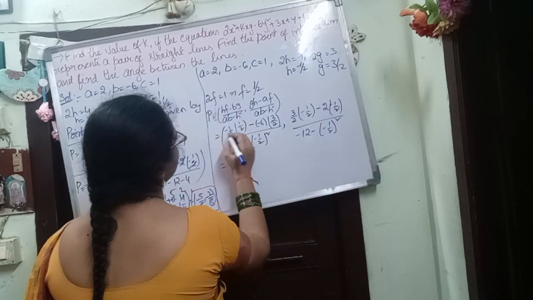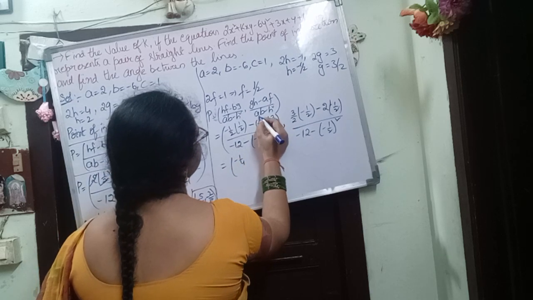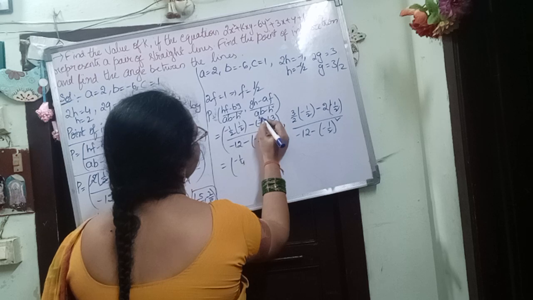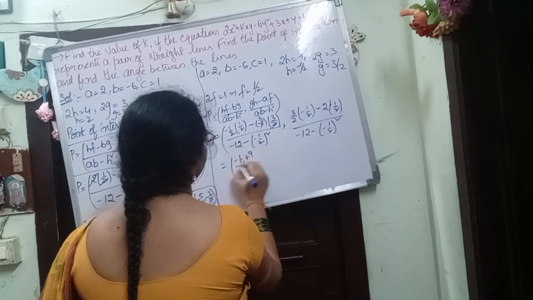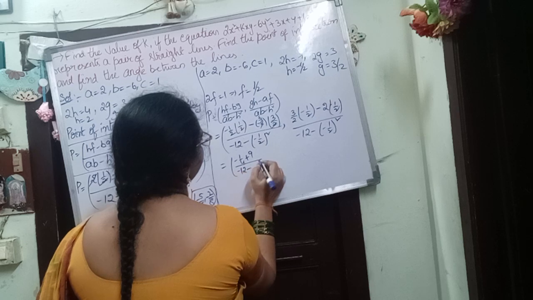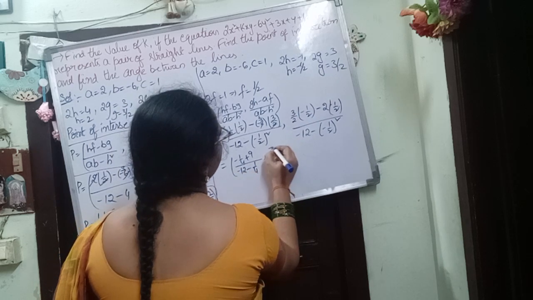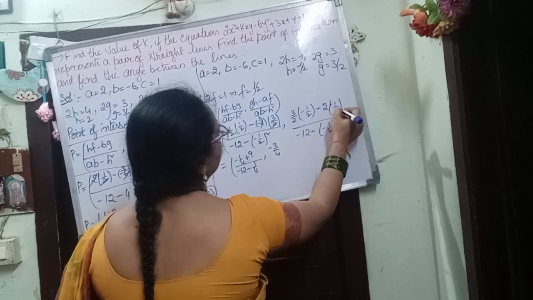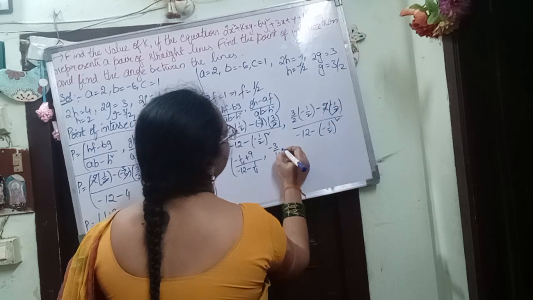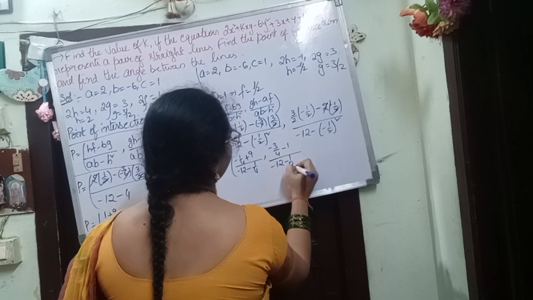That equals minus 1 by 4. 2 in 6, 3 times. So minus minus plus 3 is 9. Plus 9 by minus 12 minus 1 by 4, comma. Here what we will get? Minus 3 by 4, 2 cancel, minus 1 by minus 12 minus 1 by 4.